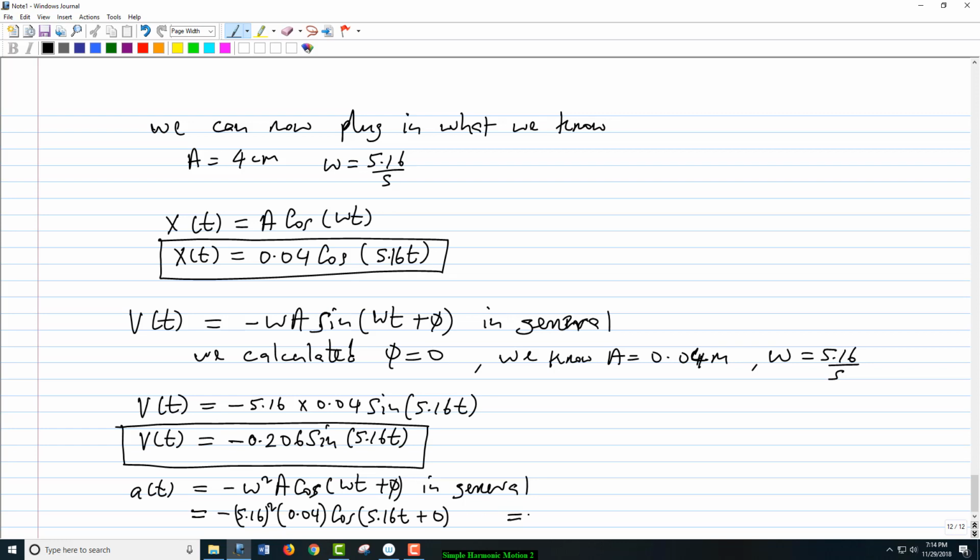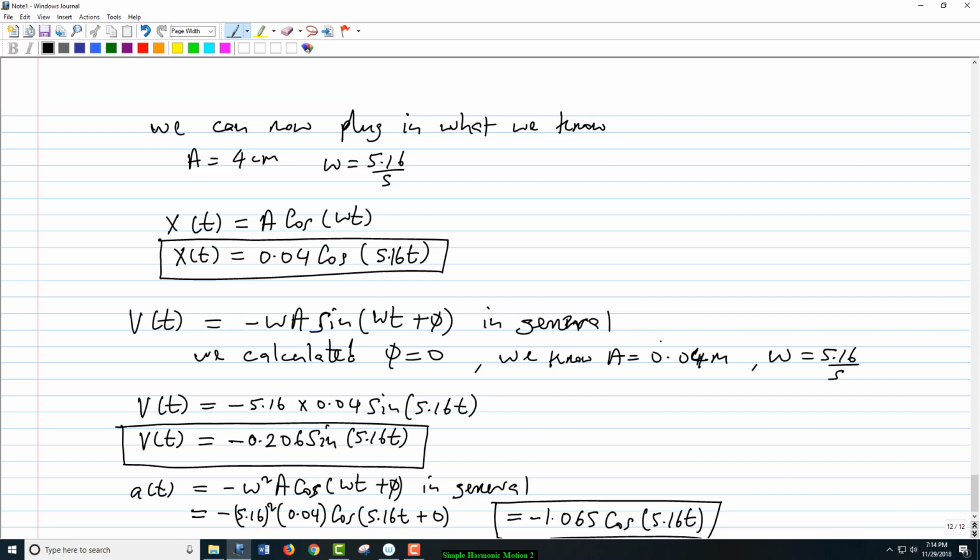And so this gives us the expression that we want. So this would be 1.065, the negative in front of it, and we have cosine 5.16 t. So this is your expression for the acceleration.